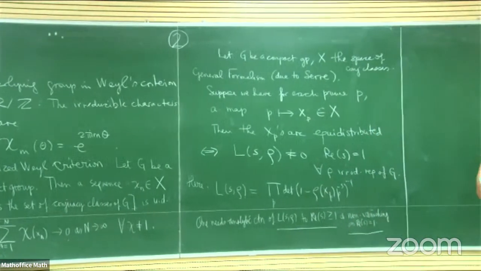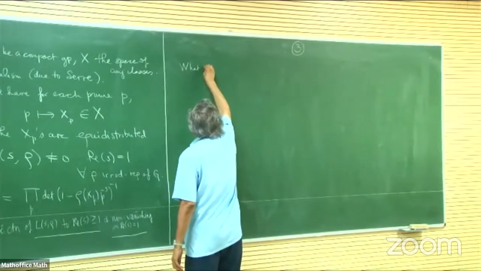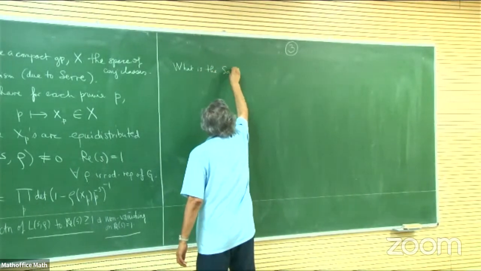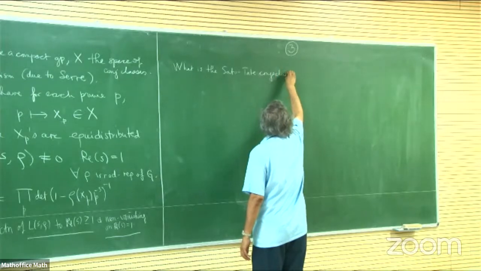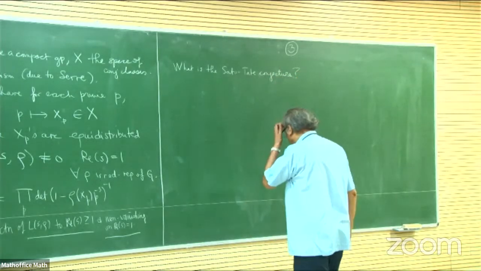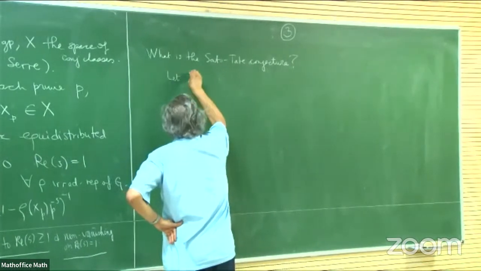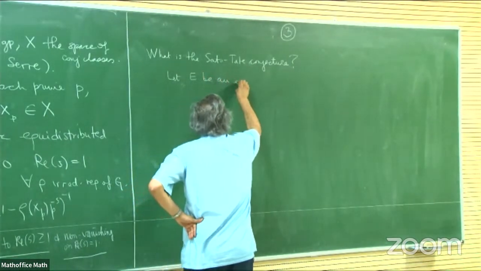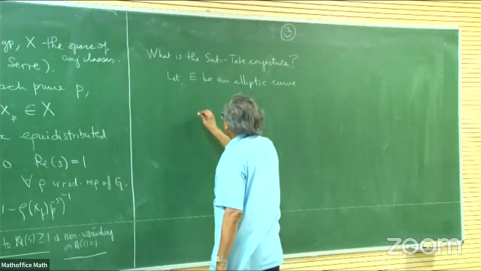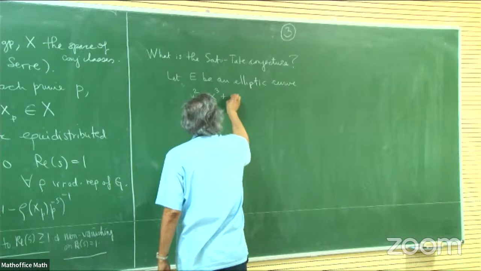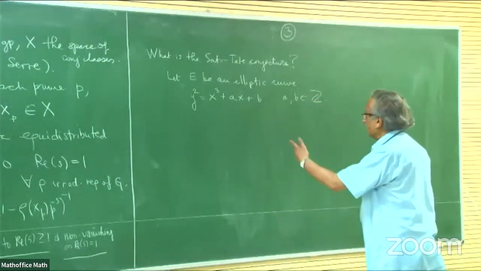So, okay. Now, what is the Sato-Tate conjecture? The Sato-Tate conjecture involves an elliptic curve. So let E be an elliptic curve. For that, you can just take y squared equals x cubed plus ax plus b with a and b integers, if you like. That's an elliptic curve.